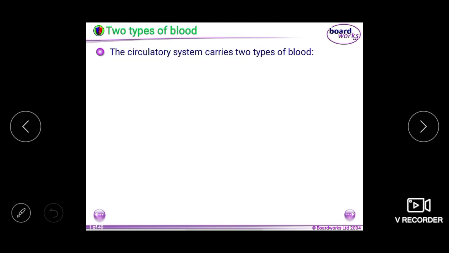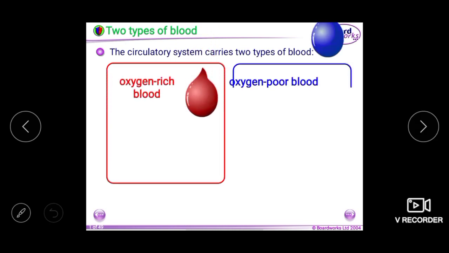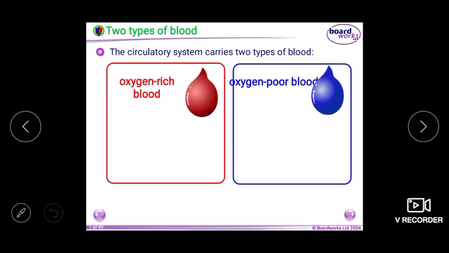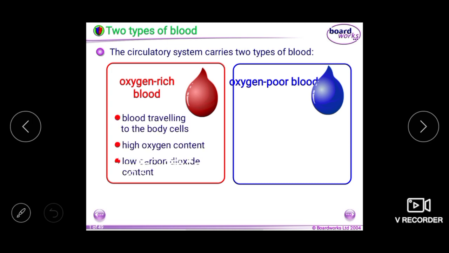The circulatory system carries two types of blood. We have oxygen-rich blood, which you can call oxygenated blood, and oxygen-poor blood, or deoxygenated blood. What's the difference between these bloods?